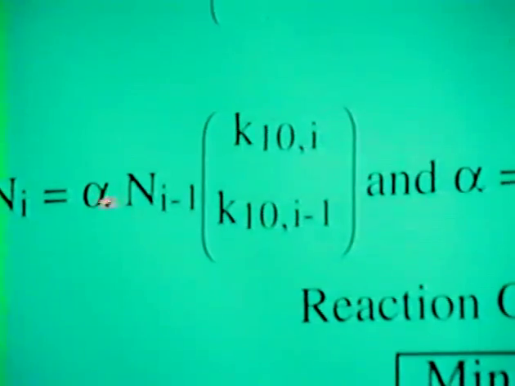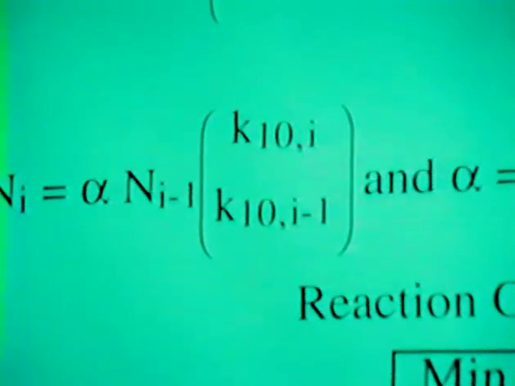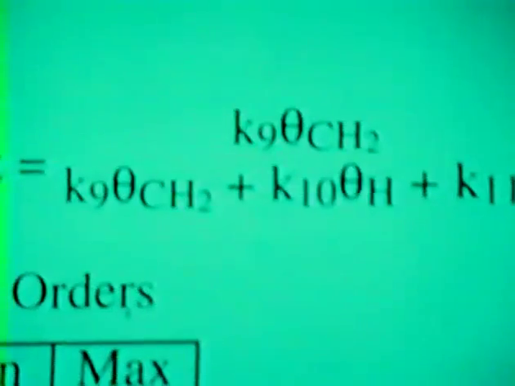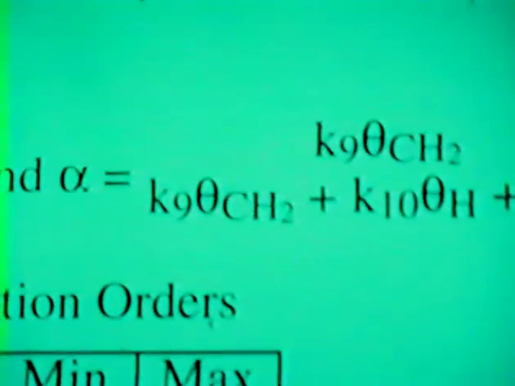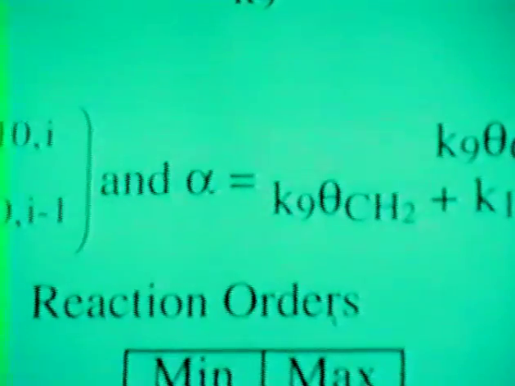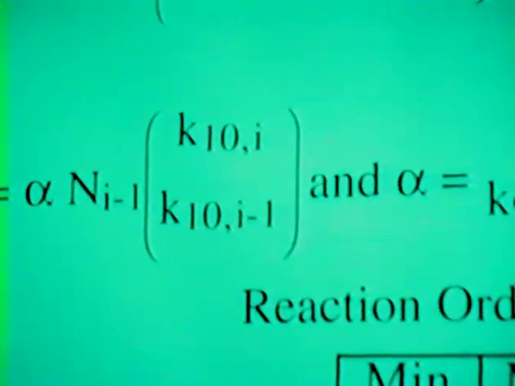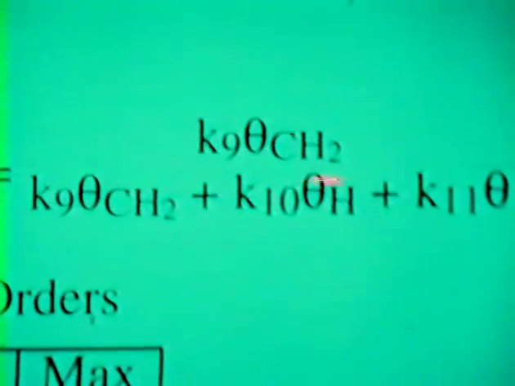Turnover numbers for higher hydrocarbons, represented by n, are functions of the propagation probability alpha and the turnover number for the next lower hydrocarbon. In cases where the rate constants are not independent of chain length, this factor would come in, but in most cases those are assumed to be equal, so that would reduce to 1.